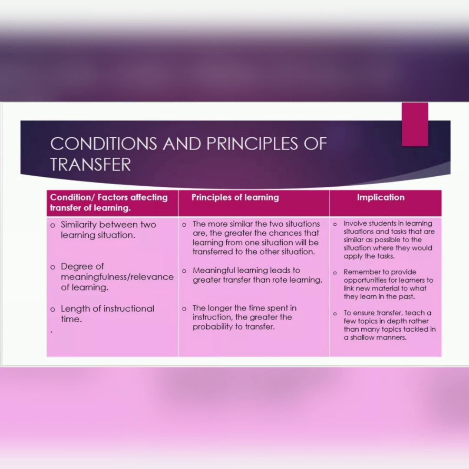Conditions and principles of transfer. Conditions and factors affecting transfer of learning: similarity between two learning situations, degree of meaningfulness and relevance of learning, length of instruction. Principles of learning: the more similar the two situations are, the greater the chances that learning from one situation will be transferred to the other situation.